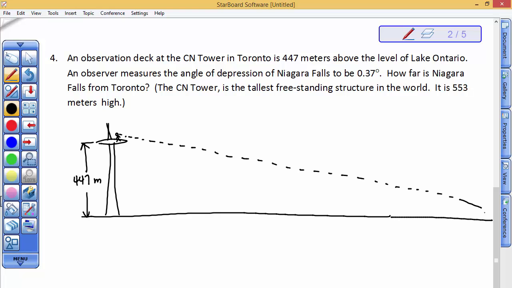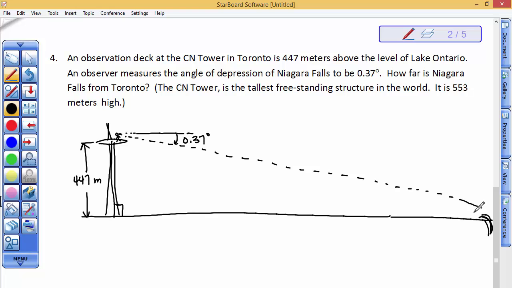So this is Niagara Falls over here. My right angle is right here, there's my right angle in my triangle. The angle of depression from my eyeballs is, if I was looking out horizontally, I only have to look down 0.37 degrees to see the falls.